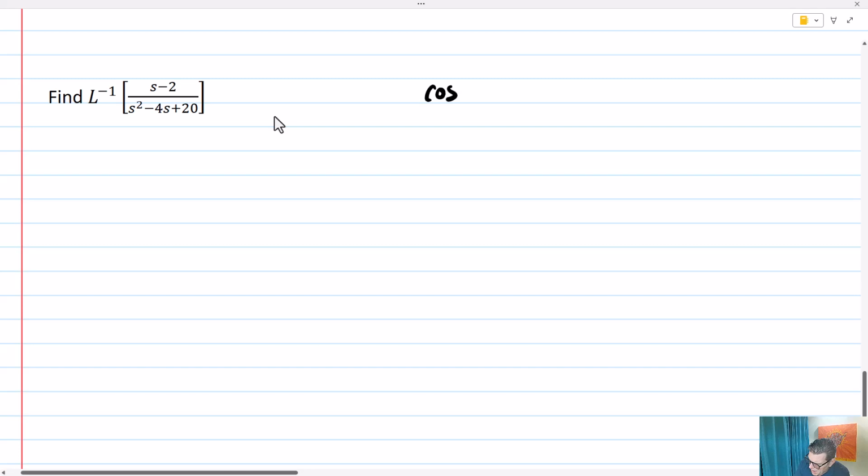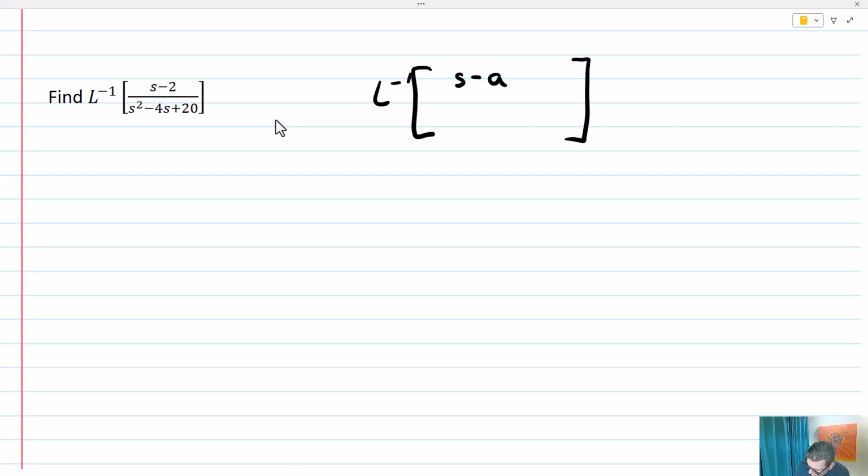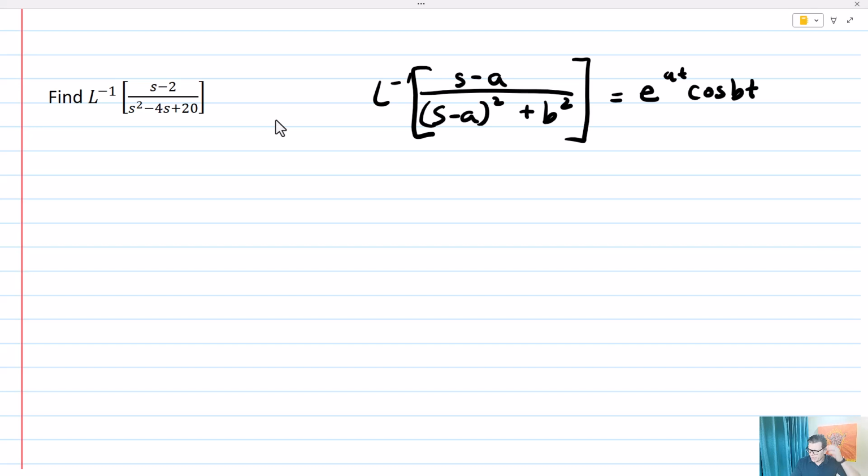If you remember, the inverse Laplace transform of (s minus a) over (s minus a) squared plus b squared is going to equal e to the at cosine bt. So using the first shifting theorem, we'll have our e to the at, and also our b squared for that cosine bt.